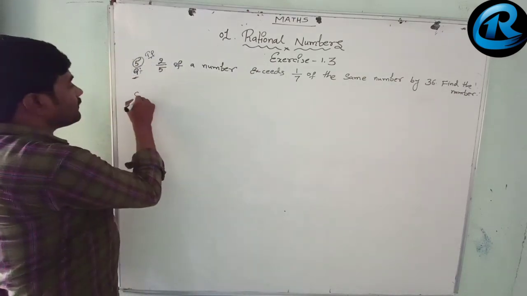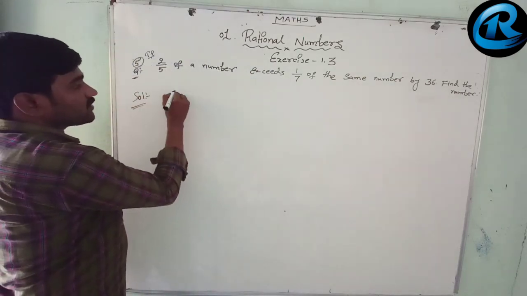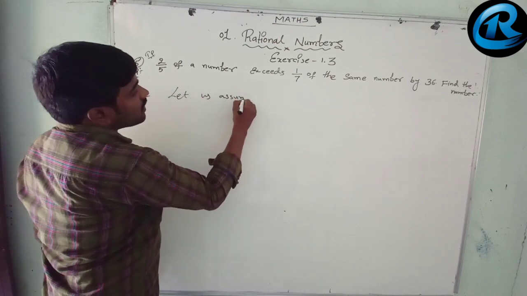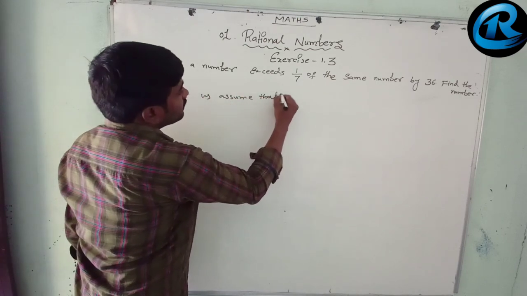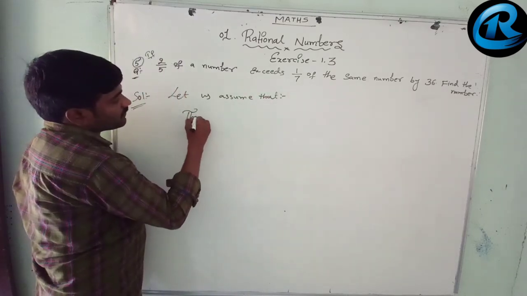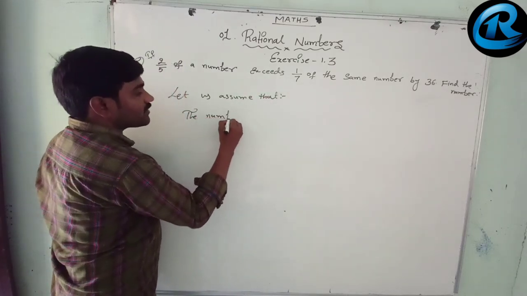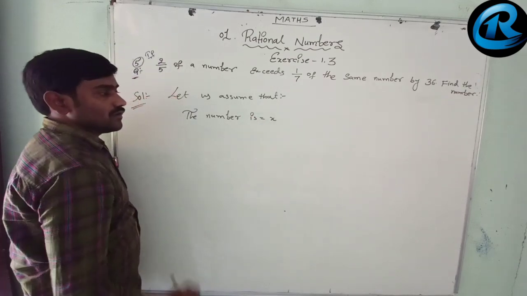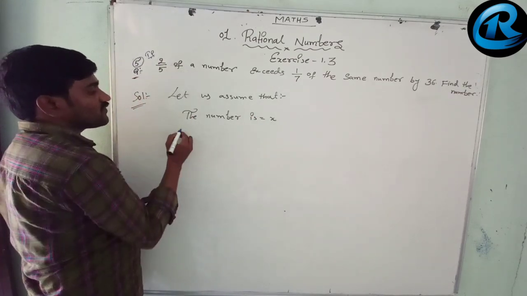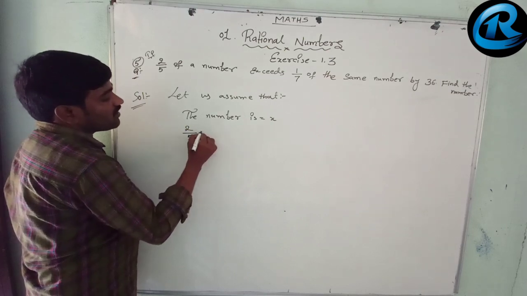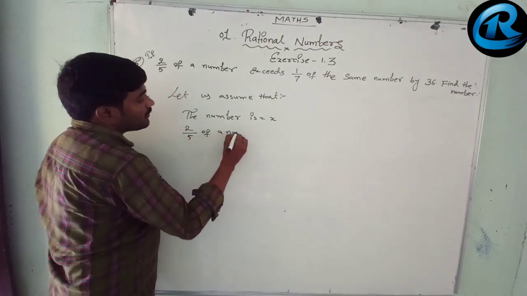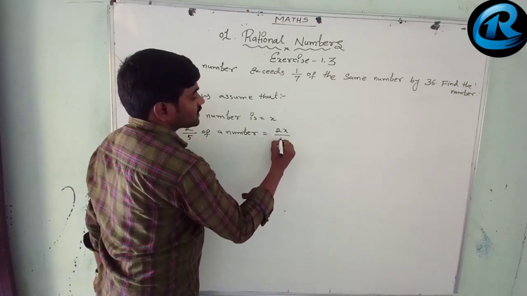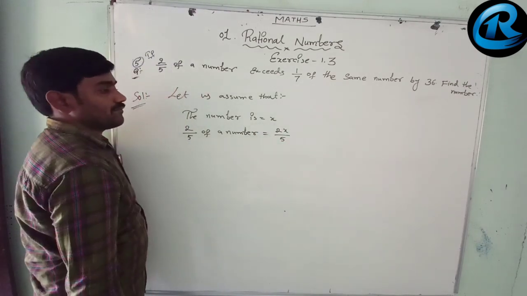సో లెట్ us assume here ఆ నంబర్ ఏంటి తెలుసా మనకు? తెలియదు కదా. అప్పుడు ఏమనుకున్నాం? Let us assume that the number is x. Then 2 by 5 of a number is equal to 2 into x, 2x by 5.